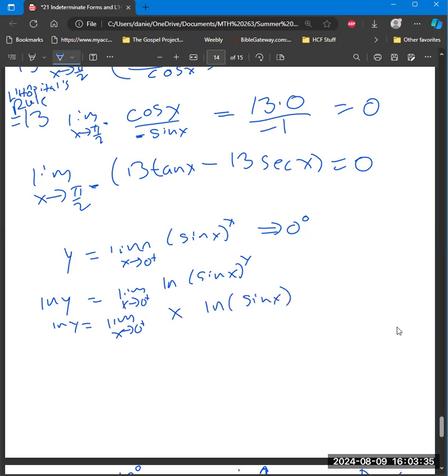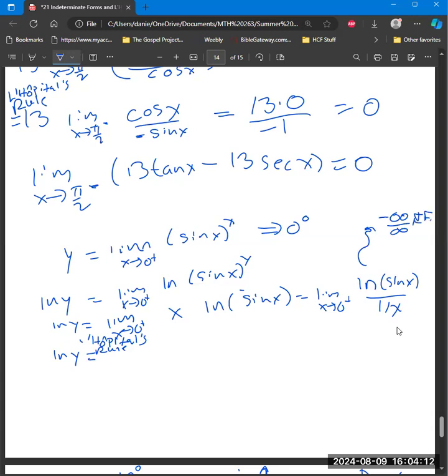Ln of 0 is going to negative infinity. And this is going close to 0, so I'm going to rewrite this as the limit as x goes to 0 from the right. This is going to go to a 1 over x down here, ln of sine x up here. So ln of y is equal to, and this is by L'Hopital's rule, since this is going to 0, infinity over infinity now, that's an indeterminate form.